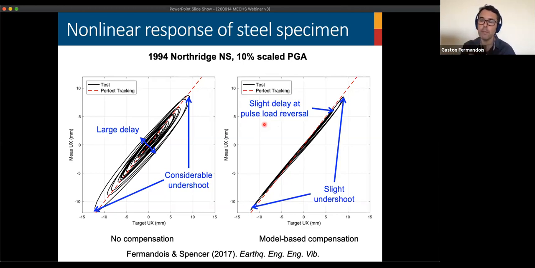And this is primarily associated to the hydraulic capacity of the pumps and all the hydraulic equipment that is used in this test. So it's not necessarily related to how we design the compensators, and in this case, it's basically a problem of constraints or capacity of the loading equipment.